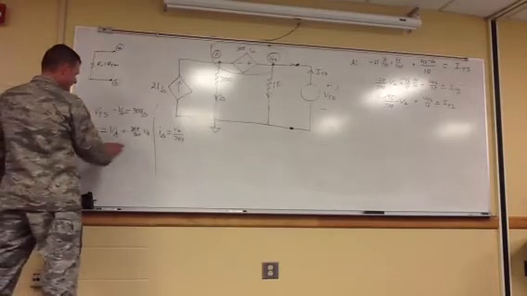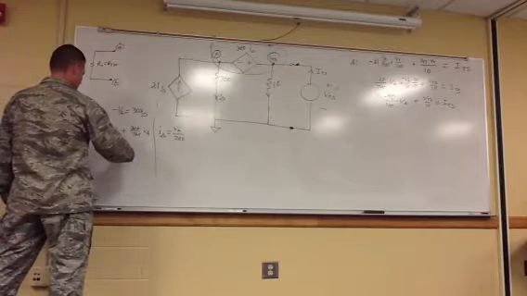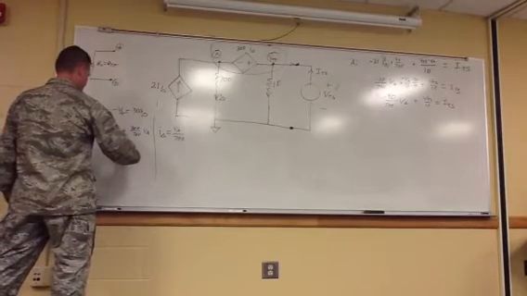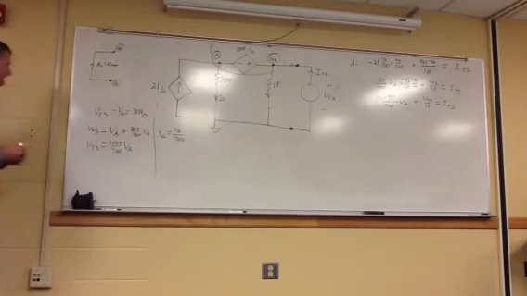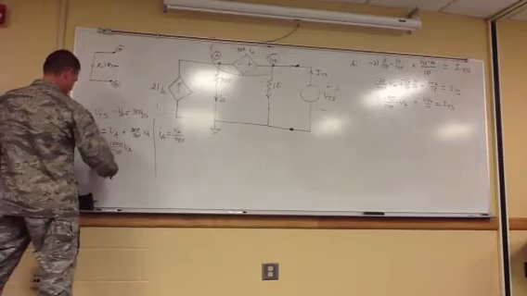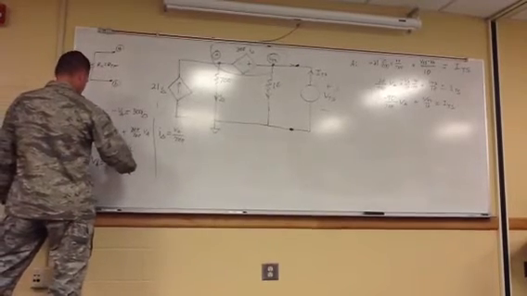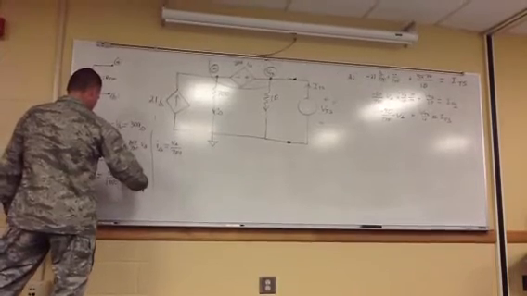And now if I add these together, I'm going to have 1,000 over 700 VA equals VTS. Or VA equals 700 over 1,000 VTS.